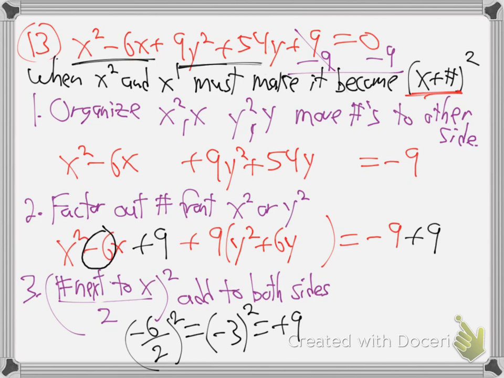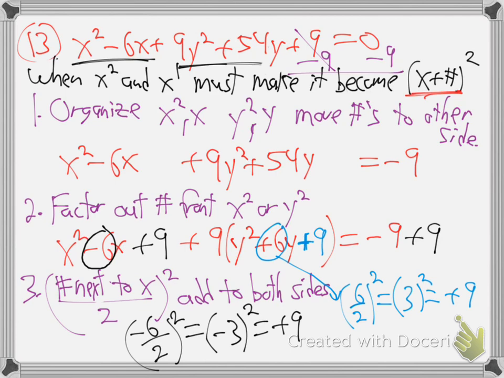Take that number next to y, 6, over 2 squared. So that's 6. Same deal. Whatever's next to x or next to y, put it over 2 squared, which is 3 squared, which is plus 9. These completing numbers are always positive, by the way, because they're squared. Plus 9. Now, where's it go? Well, right there. It has to go in the parentheses because it's all part of the y deal.